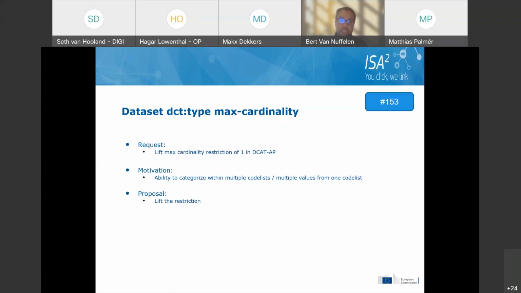One is the ability to categorize with multiple code lists, so that you can have types coming from different code lists, or from one code list have multiple types assigned to that dataset. So this is the request to lift the restriction.